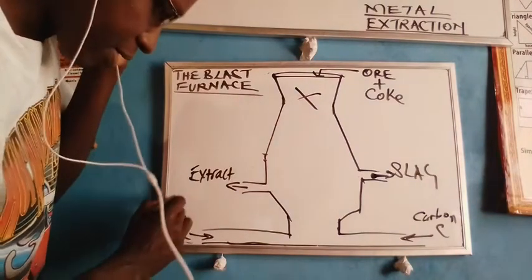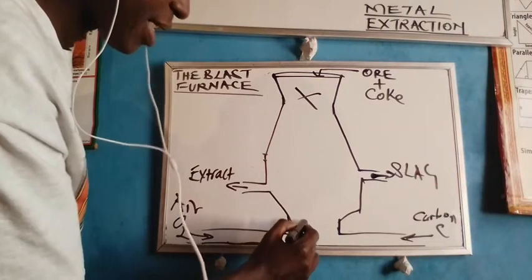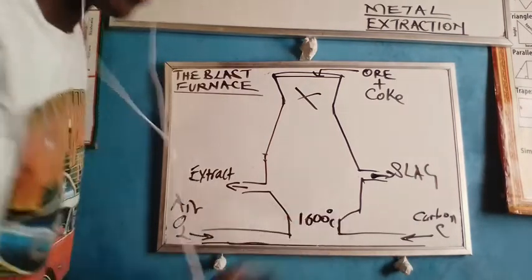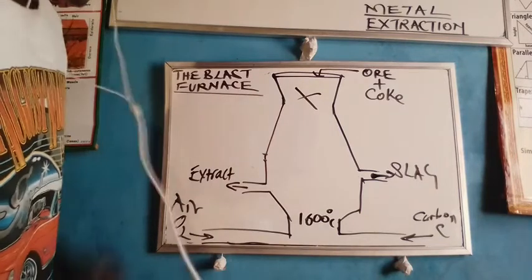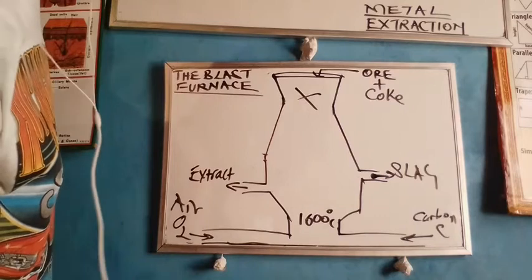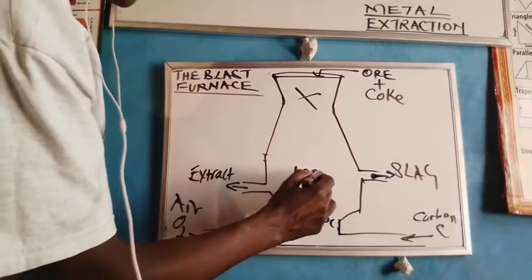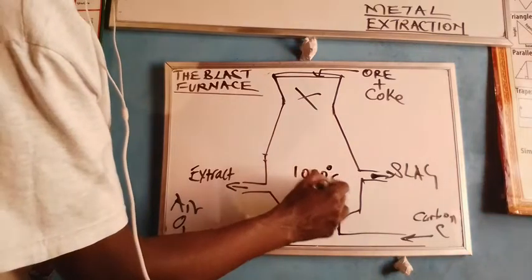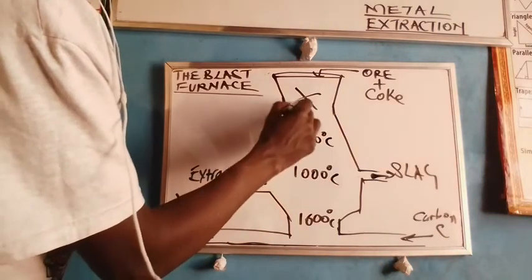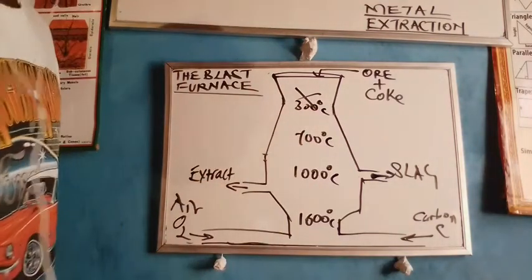So when carbon meets oxygen from air, the temperatures are fixed at 1600 degrees Celsius. The heating process converts that mixture into carbon dioxide, and then as you go up, the temperature lowers to 1000, then to 700 degrees in the middle, and to 300 degrees Celsius at the top.